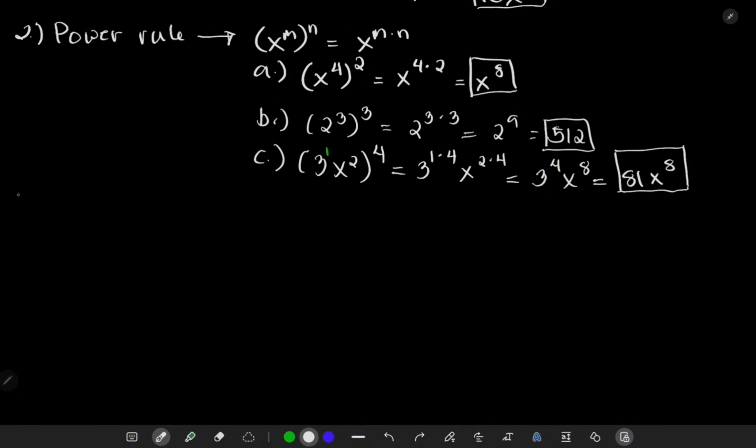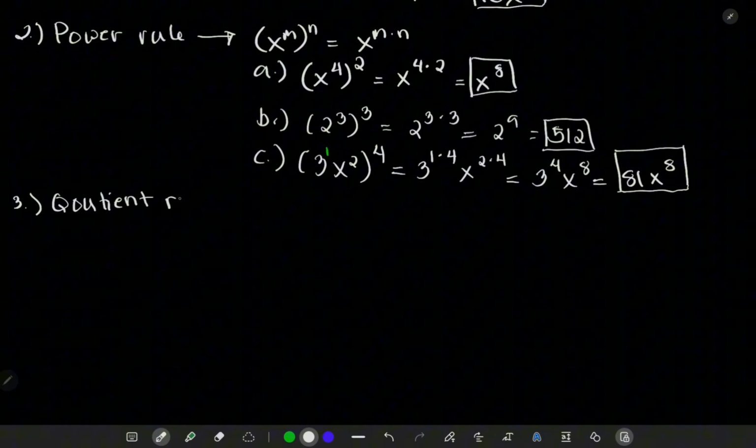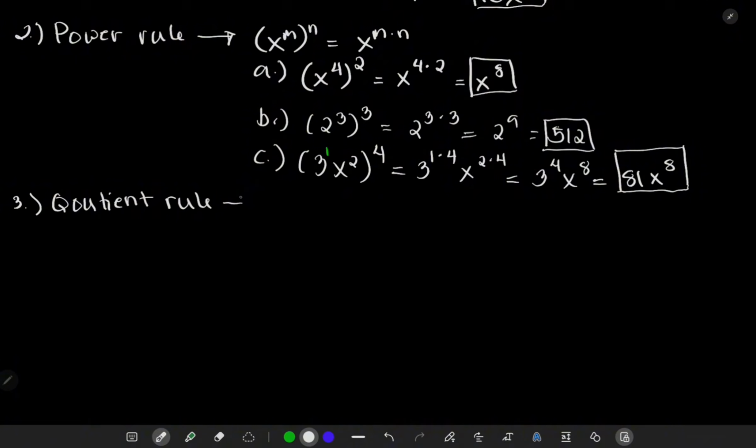And for number 3, we have the quotient rule. So let's say if we have x raised to m all over x raised to n, so that is equal to x raised to m minus n.